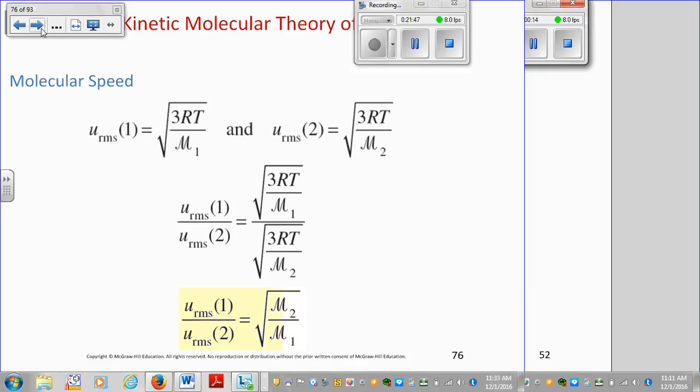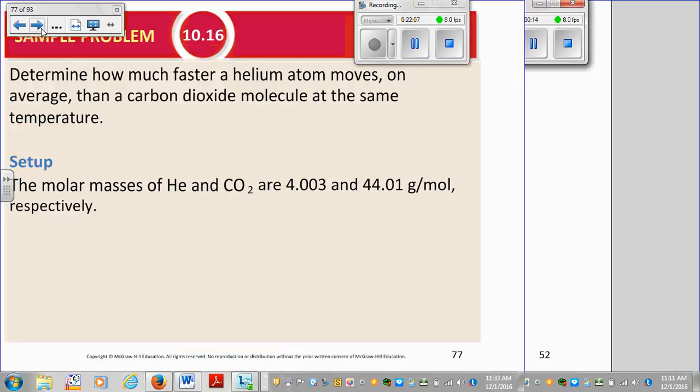So what I can do is say that the root mean square speeds or velocities are proportional to the square root of the molar masses. So here's the problem. Determine how much faster a helium atom moves on average than a CO2 molecule at the same temperature.